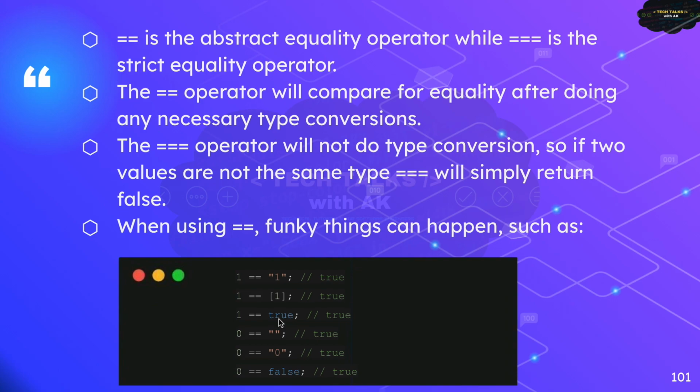So it type converts boolean to 1 and checks 1. If we say 0 equal to empty, it returns true. If we say 0 equal to 0 string, it returns true. If we say 0 equal to false, it returns true. So beware of using double equal or triple equal wherever it is necessary.